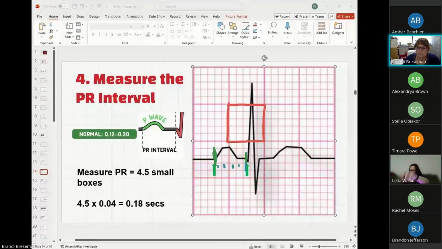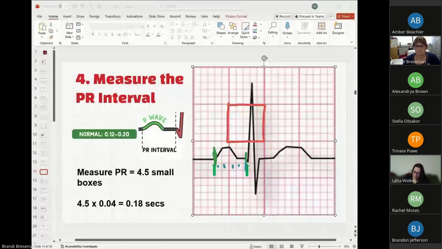So 0.18 falls in between 0.12 and 0.2. So that's our next step. We're going to measure the PR interval.